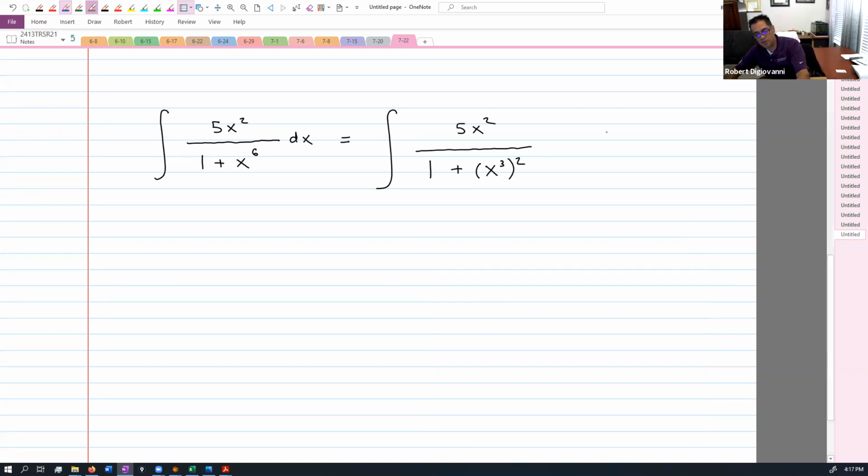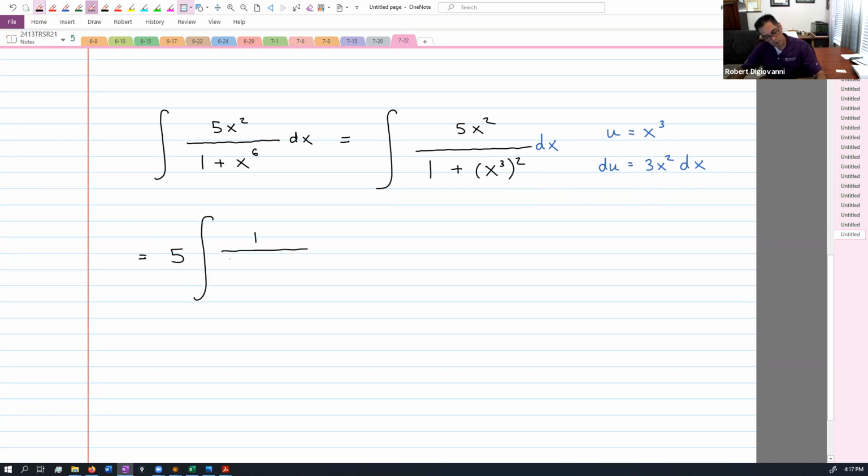So you make your substitution. u is x cubed. The derivative of that is 3x squared dx. Let me rewrite the integral first. The 5 is just in my way, so I'm bringing it out.